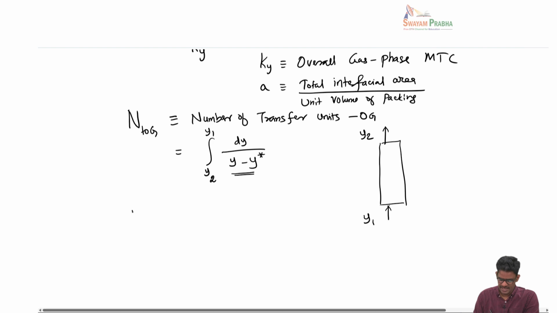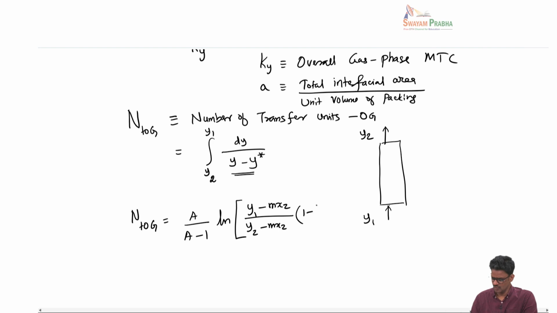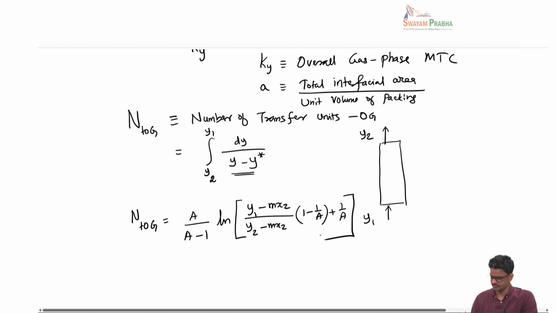If you do that, we showed this NTOG can be written as A by A minus 1 ln of [(y1 minus mx2) by (y2 minus mx2) times (1 minus 1 by A) plus 1 by A], where this A is called the absorption factor.